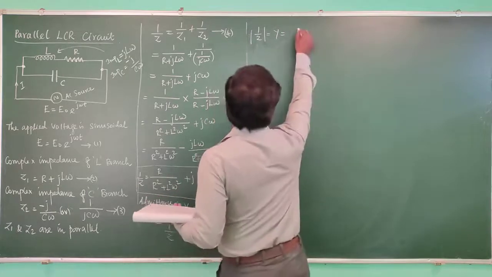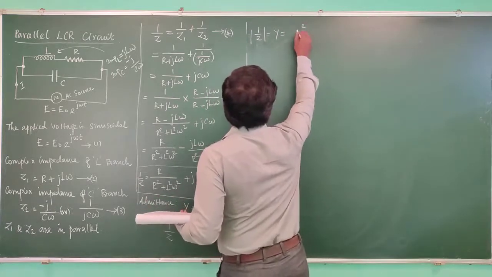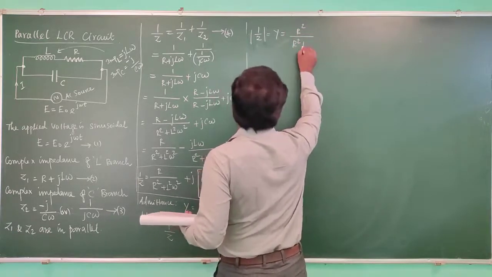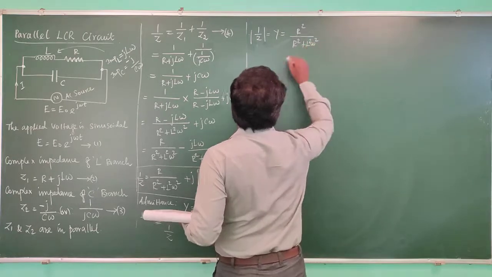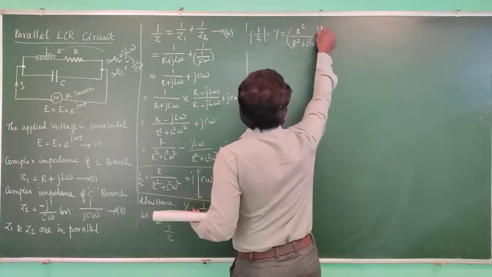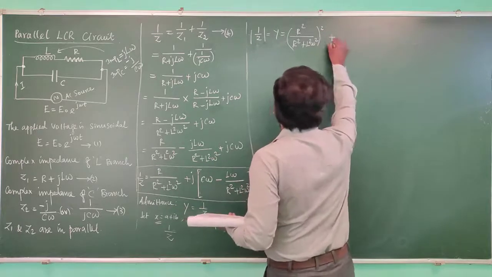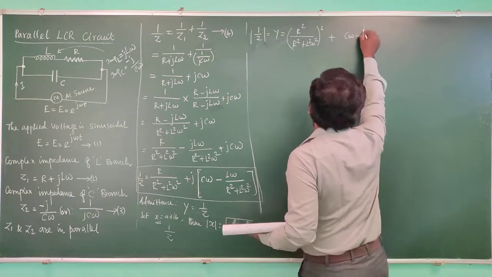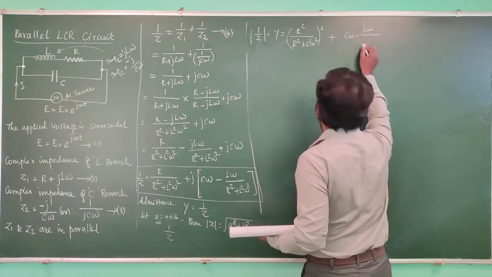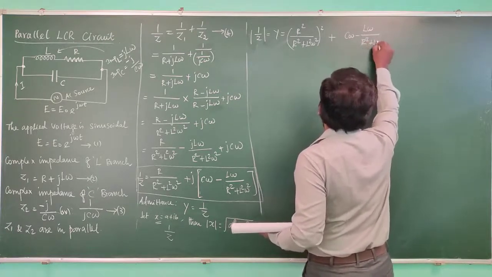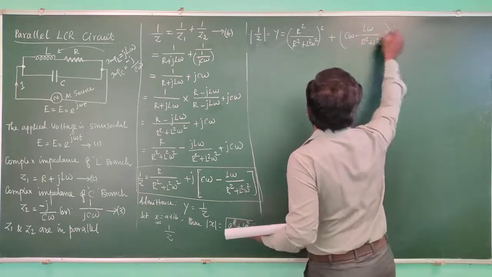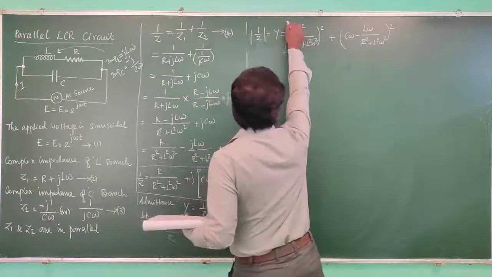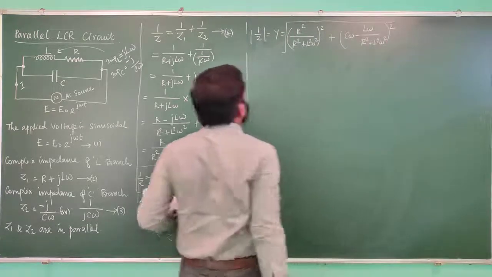A square, that is R square by (R square plus L square omega square) the whole square, plus this term (C omega minus L omega by R square plus L square omega square) the whole square, and we have to take the square root of it.